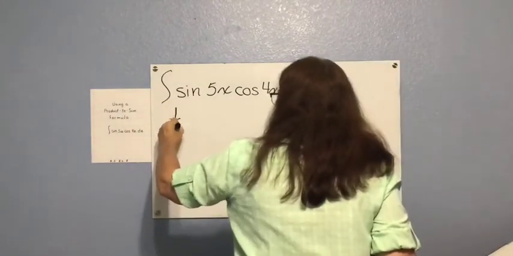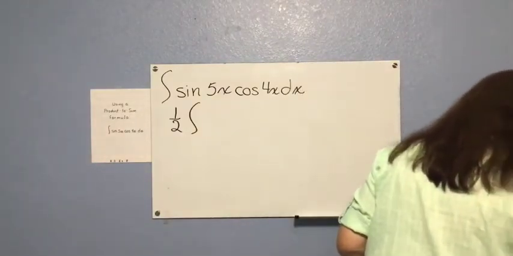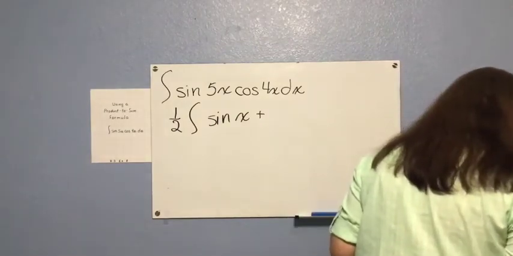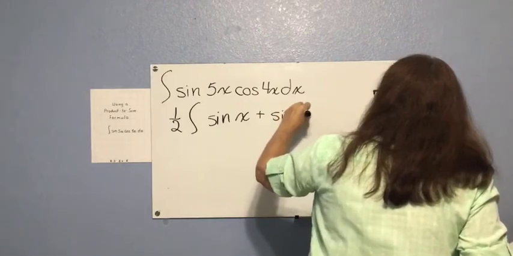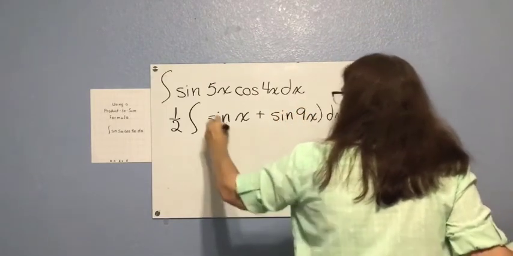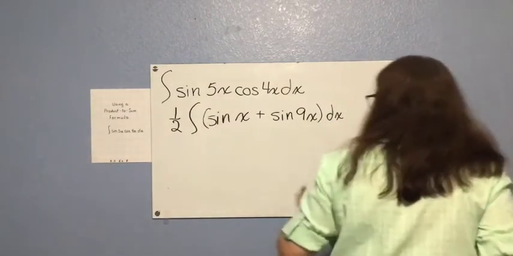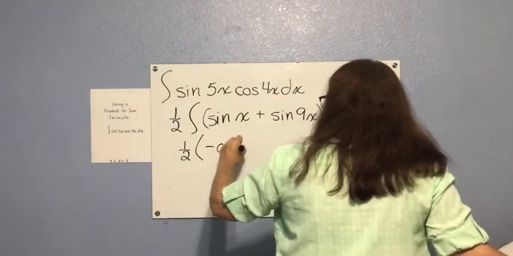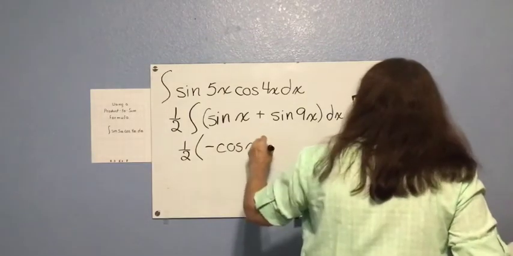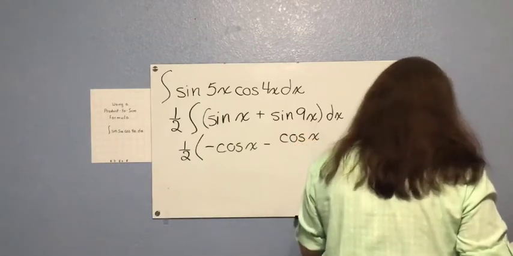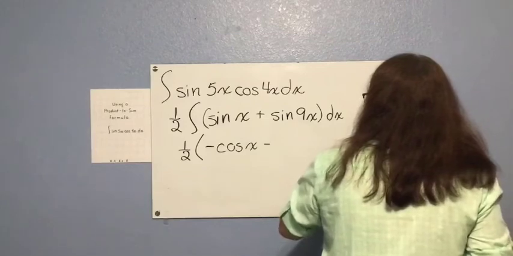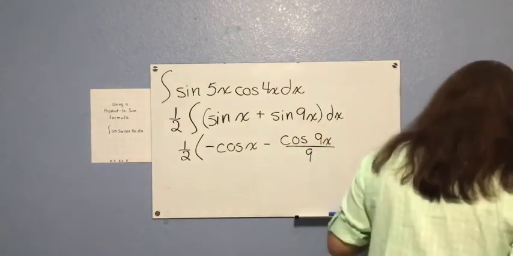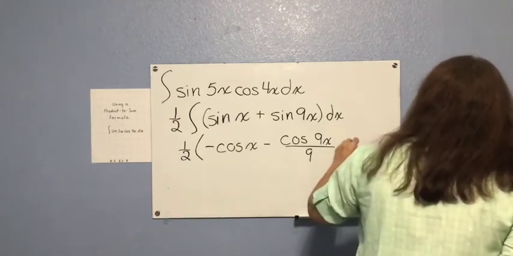And I can rewrite that as 1/2 the integral sine x plus sine of 9x dx, which gives us 1/2 times negative cosine x minus cosine 9x over 9 plus a constant.